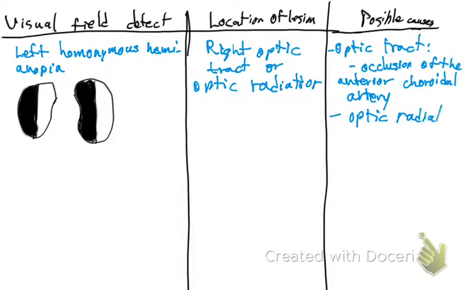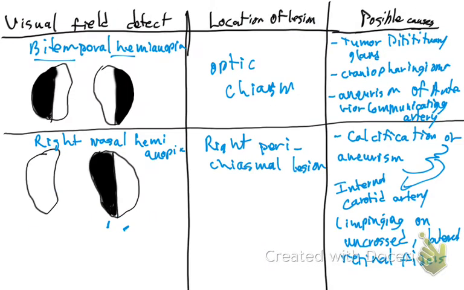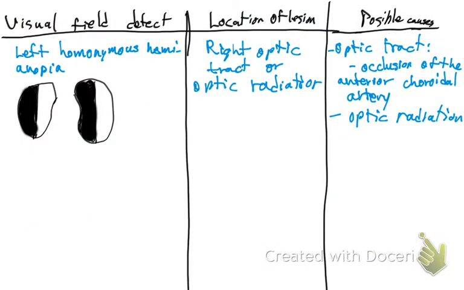If we look at the drawing that we did before, the optic radiation is here. You see this here? Yeah, this is the optic radiation, and also it's going to be right here. This optic radiation can also cause this left homonymous hemianopia.